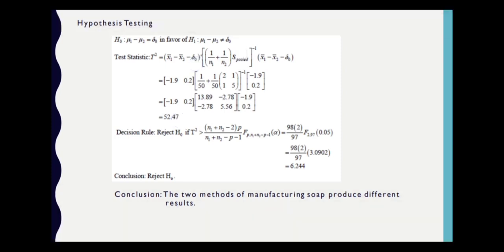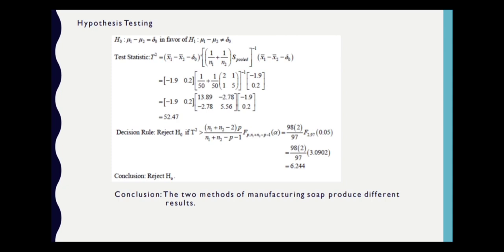Delta here will be 0, because we want to see whether there is a difference between the two multivariate populations. Okay, so we have the T-square here, and then make the decision rule.